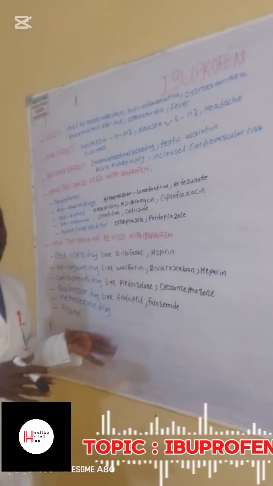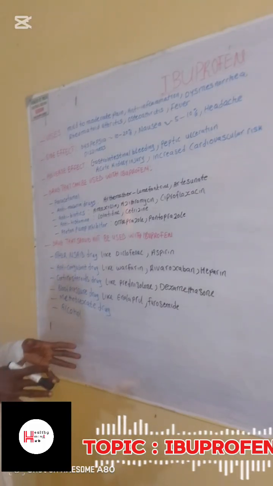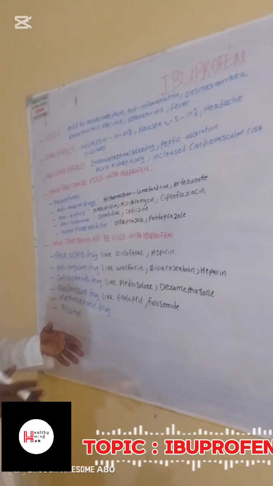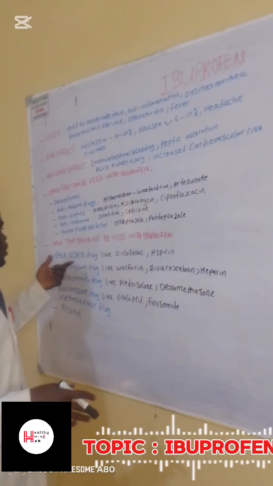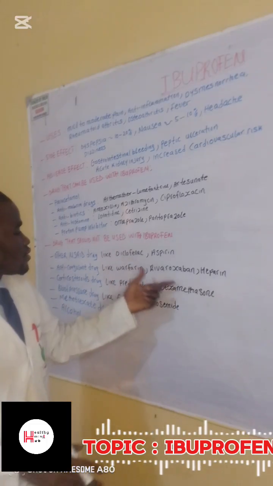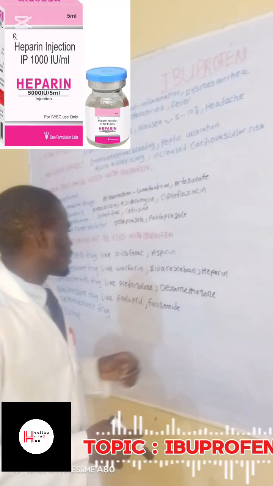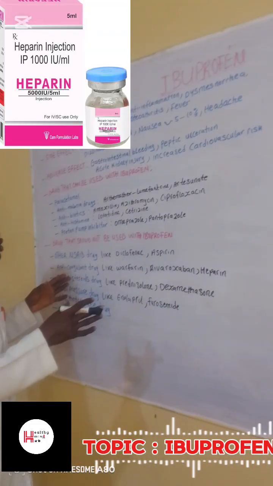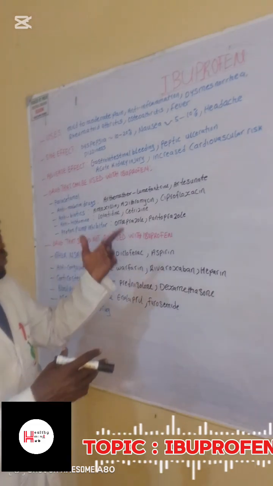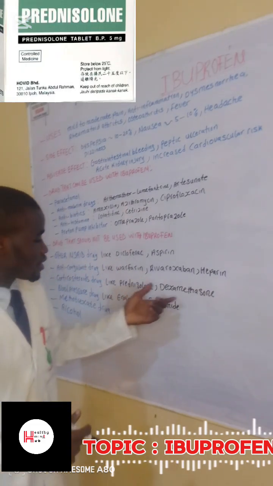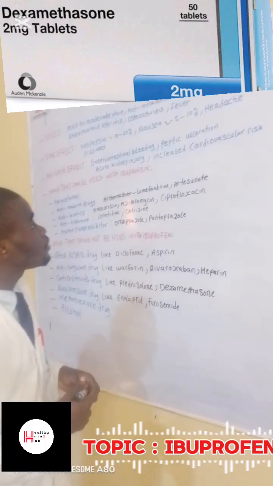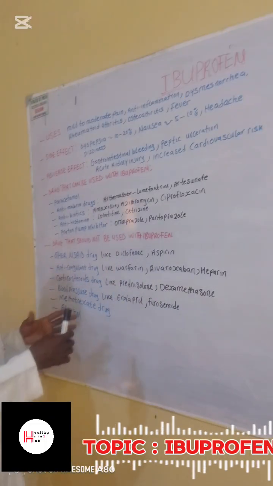Anticoagulant is a drug that is used to prevent blood clotting, especially during injuries and other problems. We have warfarin, rivaroxaban, and heparin. All these drugs should not be combined with ibuprofen, and we also have corticosteroid drugs like prednisolone, dexamethasone. They should not be used together with ibuprofen.